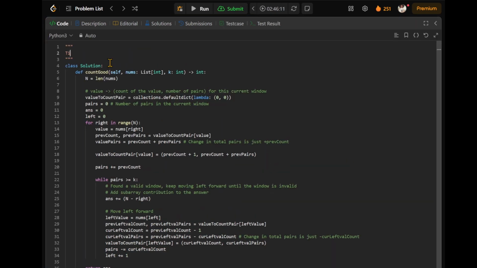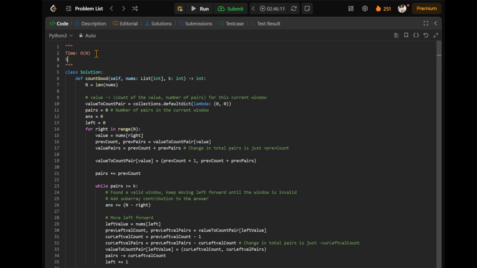So what is the time complexity for the solution? It's going to be O of n, because we're using a sliding window, and the left and right pointers are always moving forward and never backwards. Therefore, each index is iterated on at most twice.